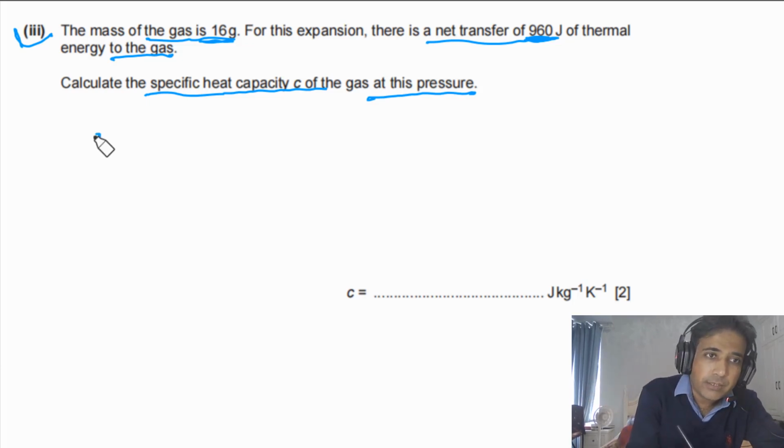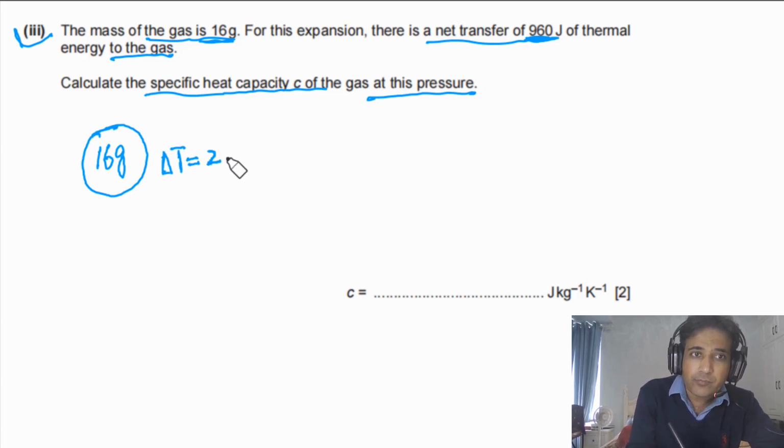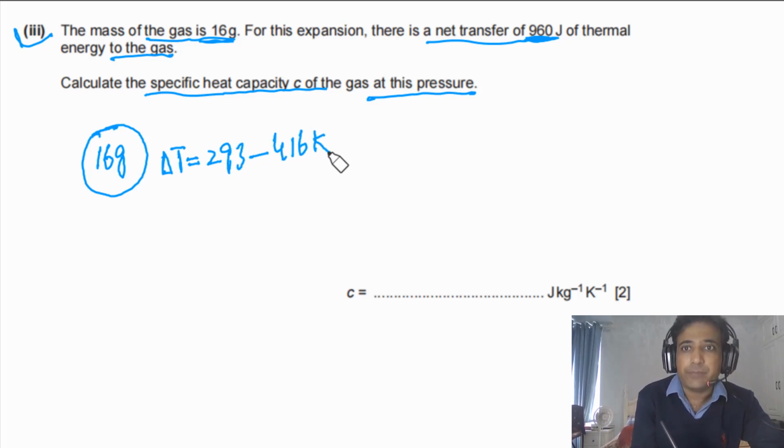We can also understand this one in a better way so you can visualize. In this case we have a gas, the mass of the gas is 16 grams, and the temperature of the gas rises by delta T, from 293 to 416 Kelvin.